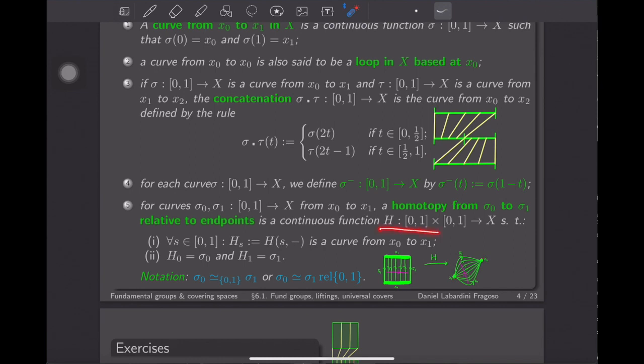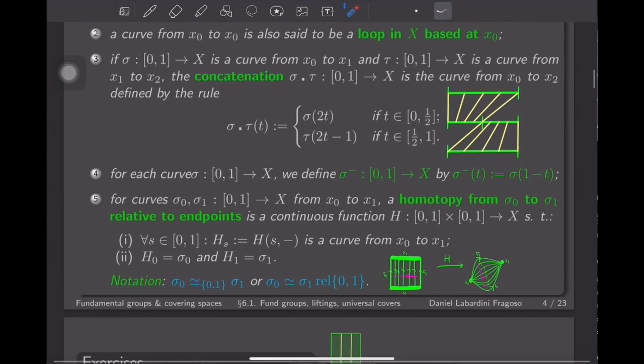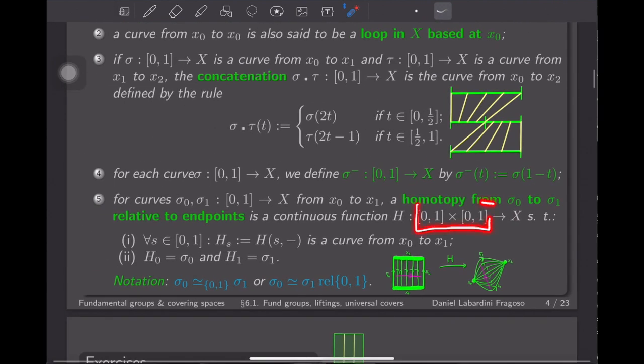It is a continuous function from the unit interval cross the unit interval to X, such that, and here what I'm going to think of the first component as if it were time, and then the second component, I'm going to think of it as the parameter for my curves, as here.